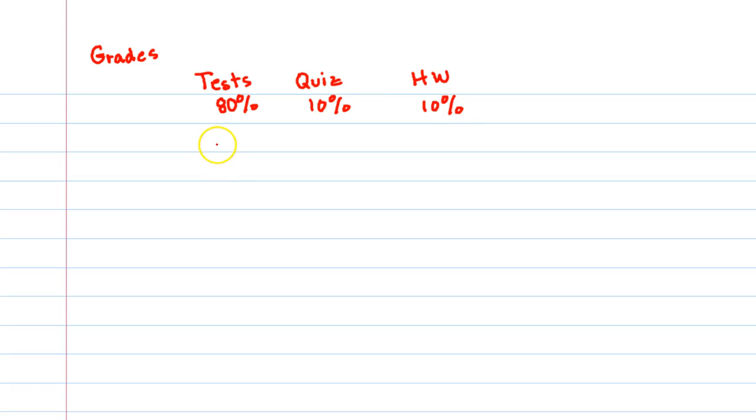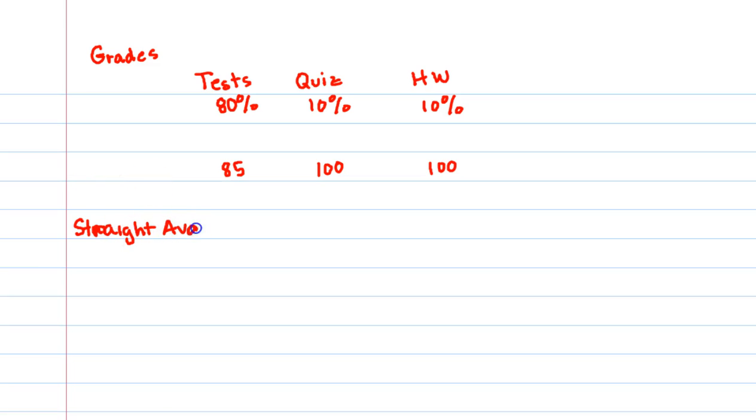So if we look at our grades and we have an 85 average for tests and we have 100% average for quizzes and 100% average for homework, let's look at how these grades are going to be different if we do a straight average versus a weighted average.